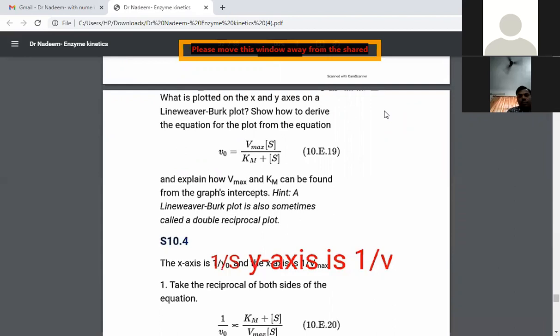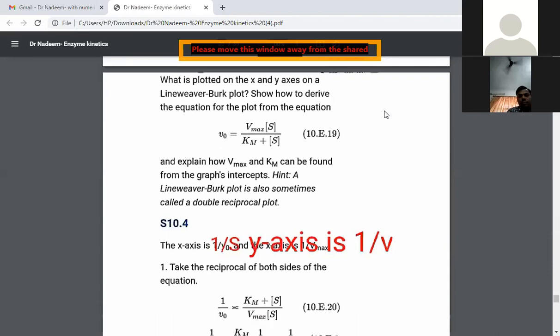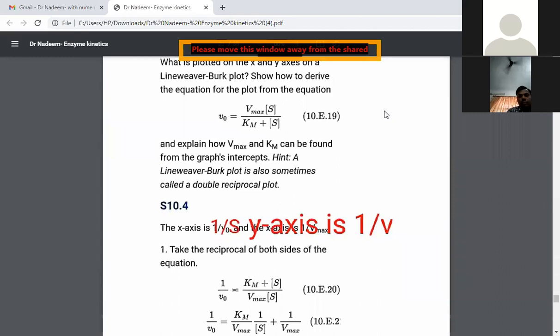So what is plotted on the x and y axis on a Lineweaver-Burk plot? Show how to derive the equation for the plot from the Michaelis-Menten equation, and explain how Vmax and Km can be found from the graph intercept. A very nominal hint, it is not the answer.